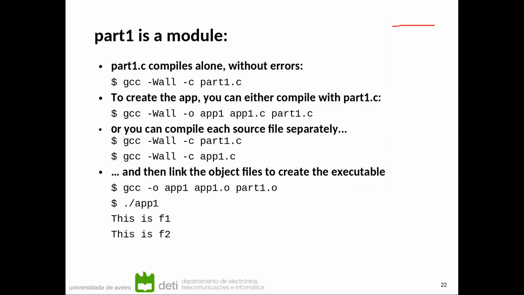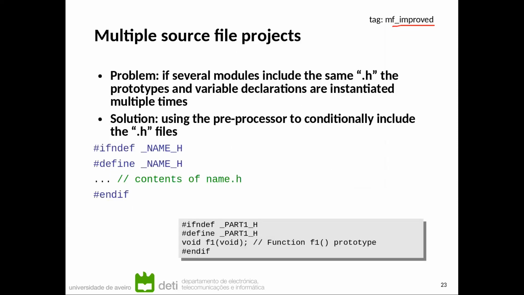Now you also have a tag called mef_improved, which is multiple files and a slightly improved function, which is the use of this structure. When I have the same header file, that header file can be included several times. And that means that the same function would be defined several times, and that would create problems.